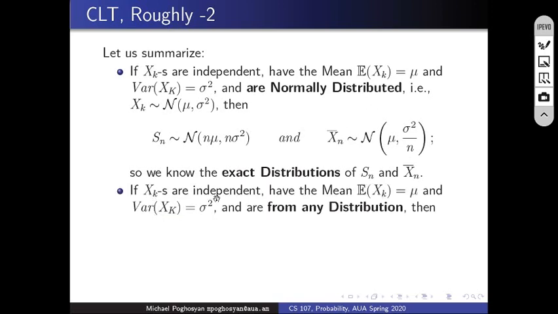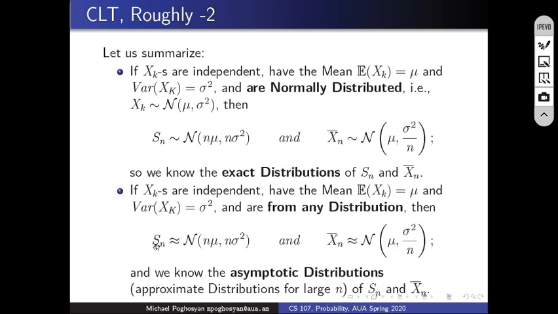And if the Xk's are independent, again with mean mu and variance sigma squared, but from any distribution, maybe not normal, then Sn, the sum, is approximately normal with the same parameters, and Xn bar is approximately normal with its parameters. We know the asymptotic, approximate distributions of Sn and Xn bar.